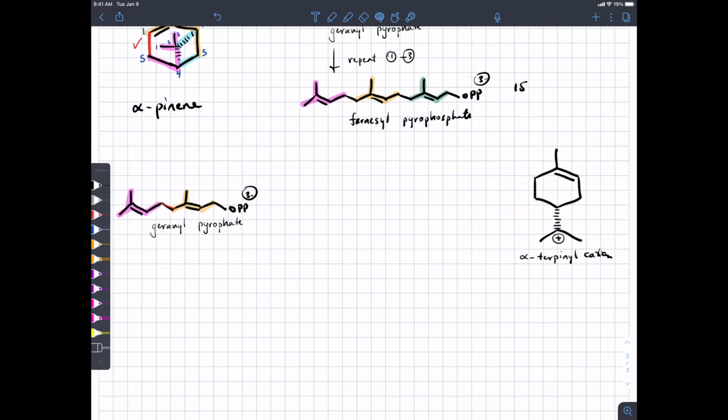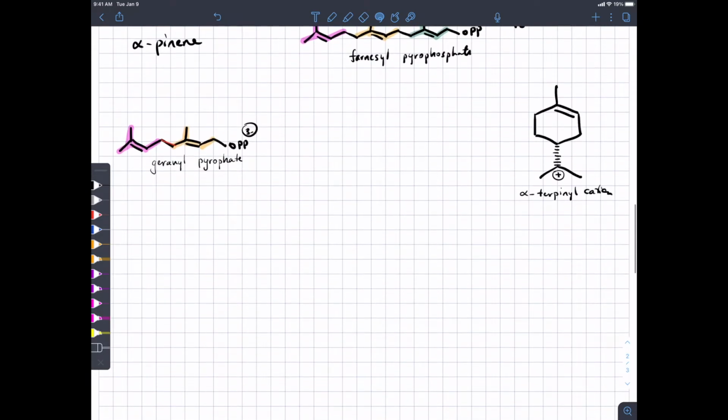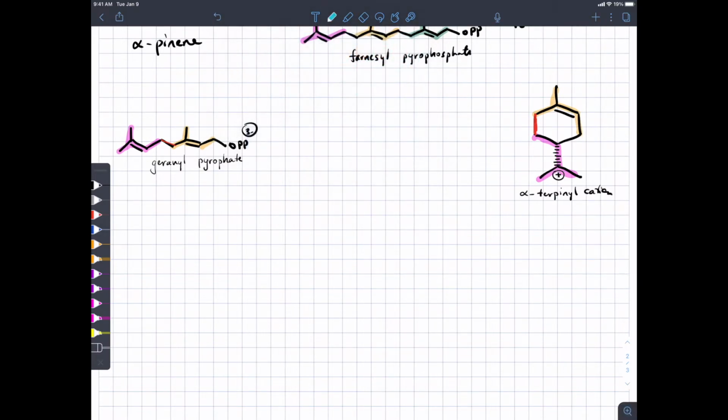Okay, so it can be useful in trying to get from the linear precursor to the intermediate, again, to identify what atoms you think are from, or what bonds are from the linear precursor and what bonds aren't. So with that analysis in place, it looks like we're going to have to make this bond between orange 5 and pink 4.